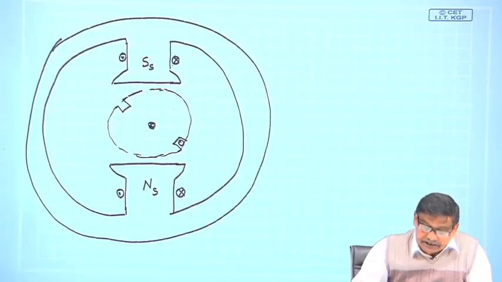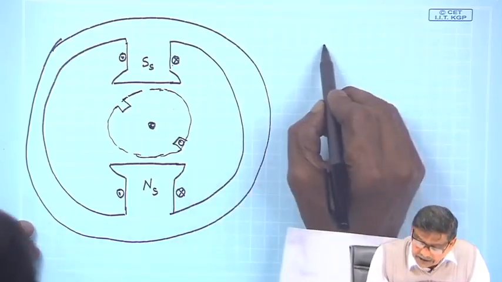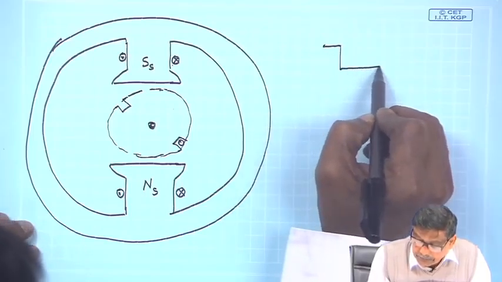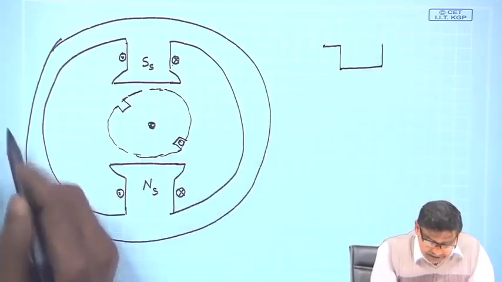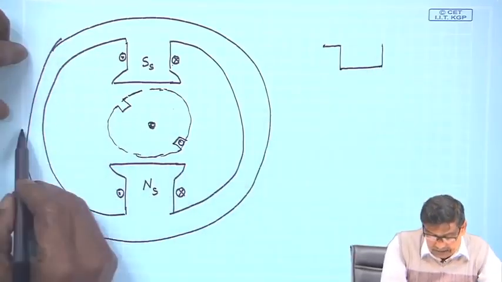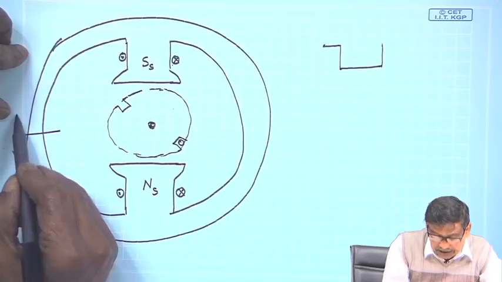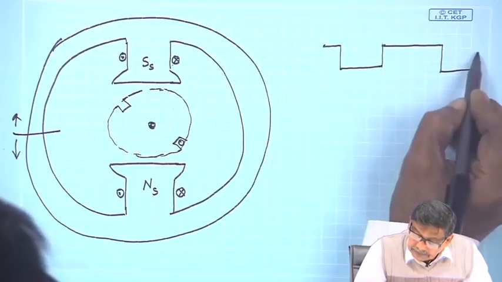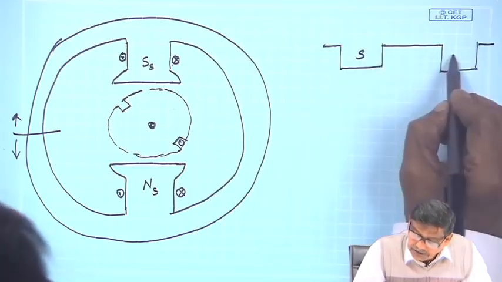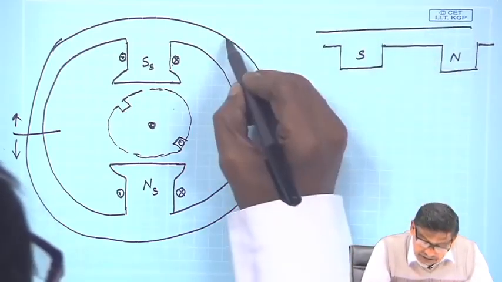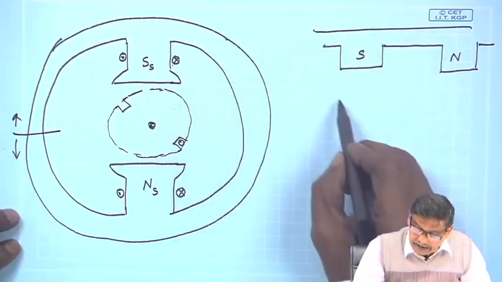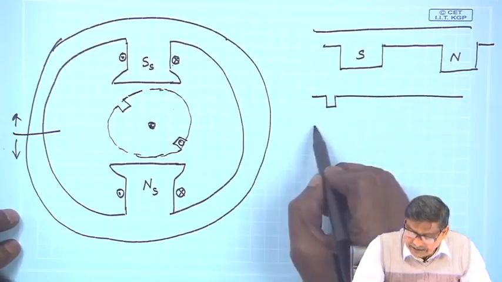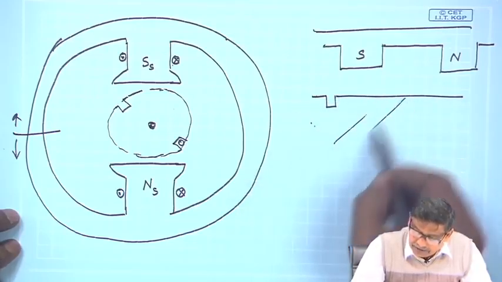The term slot pitch I have never used till now, but it is very simple. If you see the developed diagram of the machine, that is, think you have cut it and unfolded it on both sides, it will simply look like this. Suppose this is the south pole, this is the north pole, this part is the stator iron, and in the rotor there is a single slot, and since the rotor can move, this is all iron.